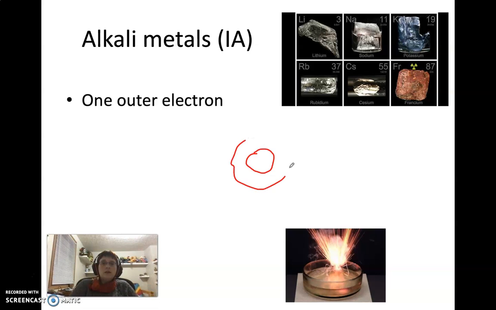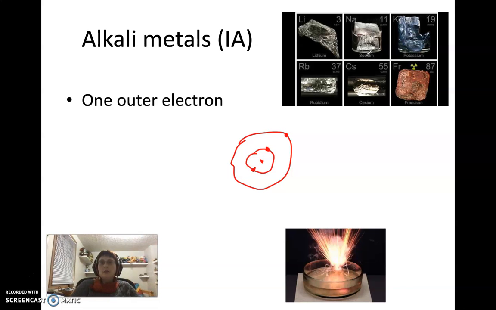If we were to draw lithium with its shells, there's its little nucleus in the middle. Remember, shell 1 can hold 2 electrons. So there's 2, and because we're going to assume that lithium is neutral, that means lithium only has 3 electrons. So it's going to get 1 more in the next shell, and no more, even though this shell can hold 8.